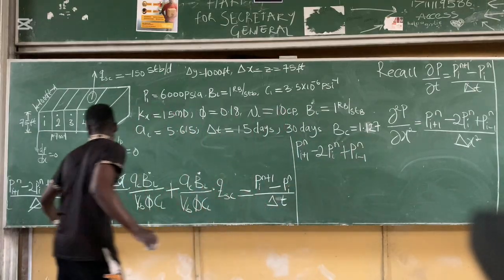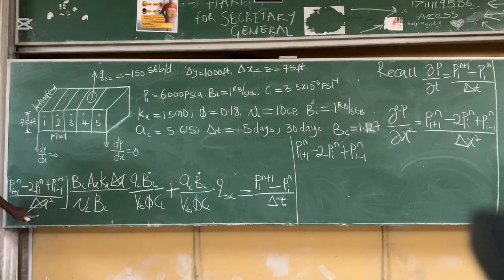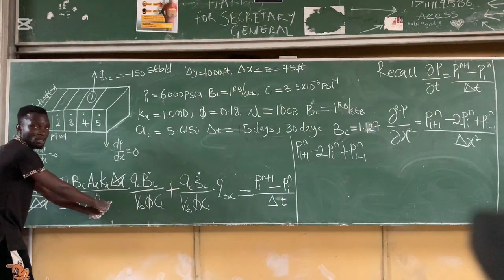Now, this is divided. Remember that delta x cancels one from delta x square here, so we are left with just one delta x at the denominator. Instead of writing it at the denominator, since it is multiplying this one, you can simply bring the delta x from here to this particular denominator.